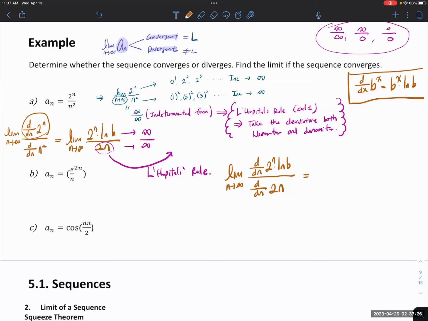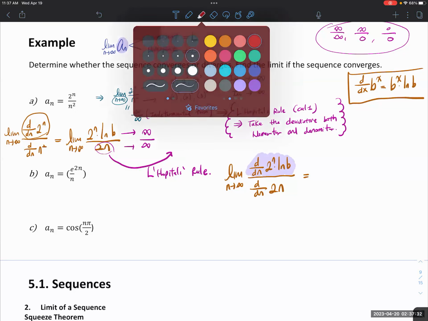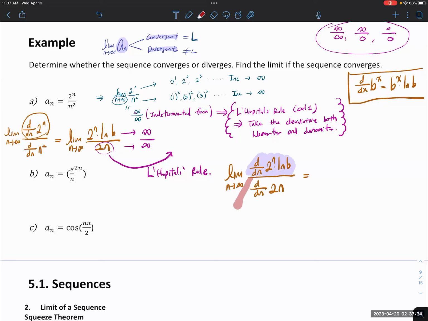So let's take a look at the numerator. What happened? This one, you're gonna use the product rule, isn't it? Here, we have to use a product rule because we have two functions multiplied to each other, 2 to the n ln 2.